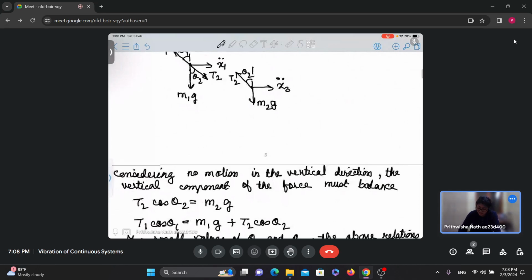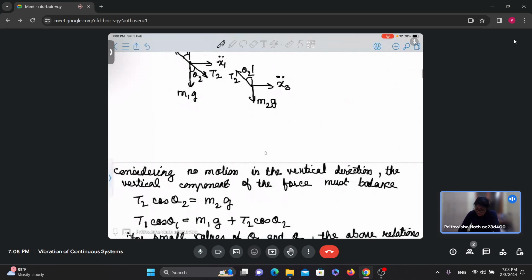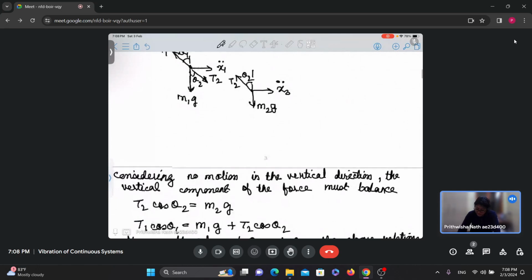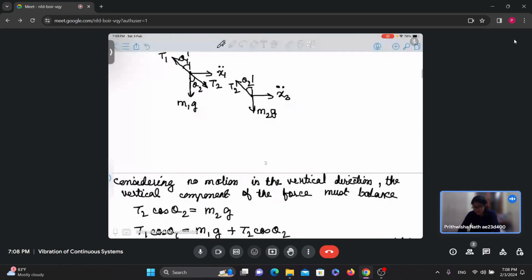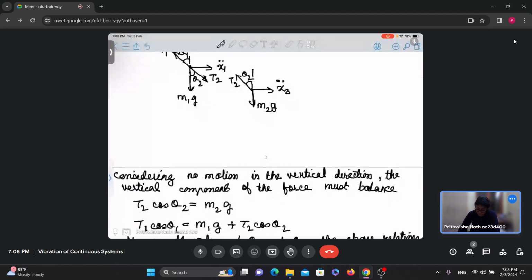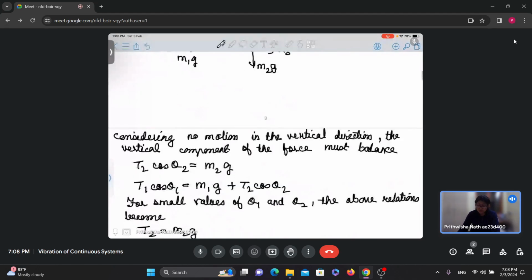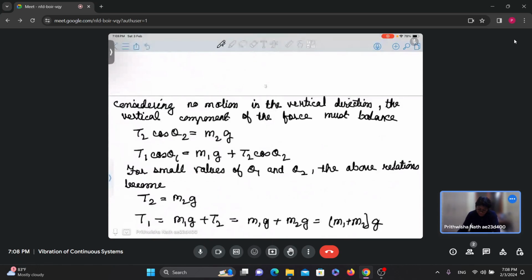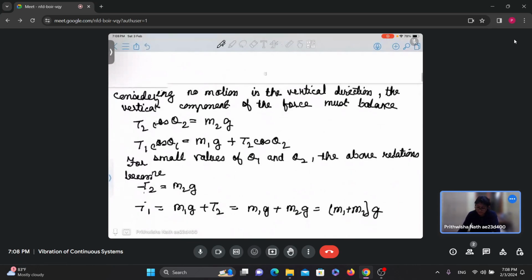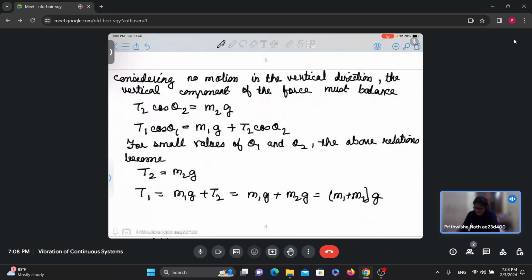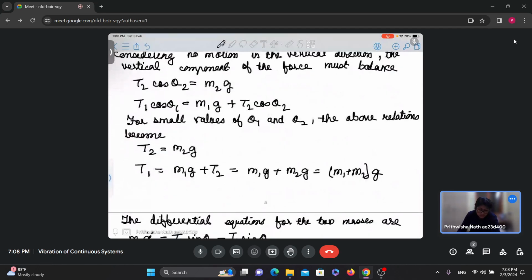Similarly for mass M1, the component T1 cos θ1 is balanced by m1 g plus T2 cos θ2. Now since we have assumed θ1 and θ2 to be small, I can write T2 as m2 g, and T1 as m1 g plus T2.